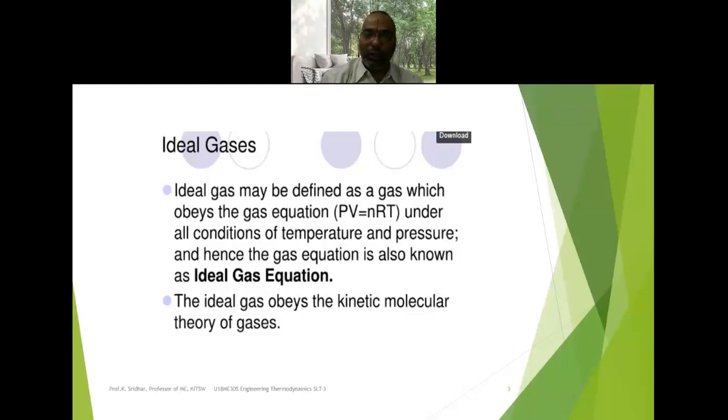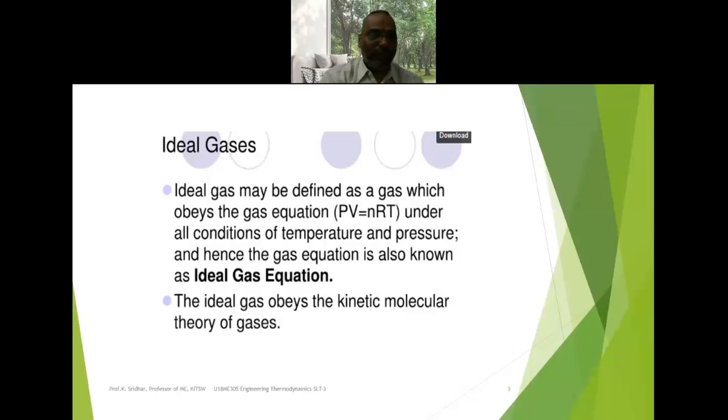But in addition to that, an ideal gas should not have any molecular forces of attraction or repulsion among the gaseous molecules. Is that possible in actual practice? No. Whenever a gas physically exists, it definitely has some physical forces of attraction and repulsion among the gaseous molecules.